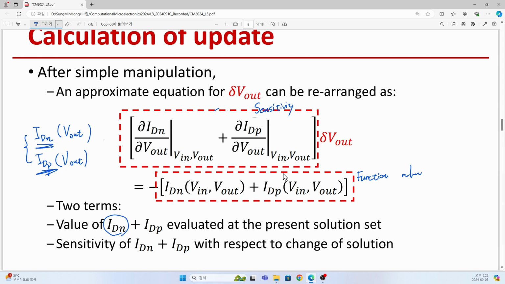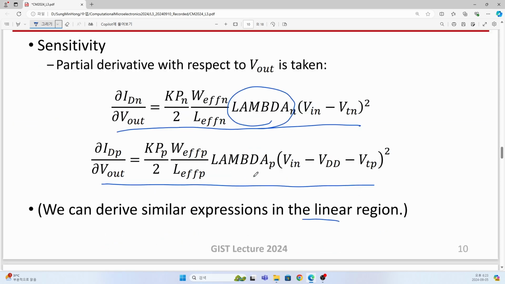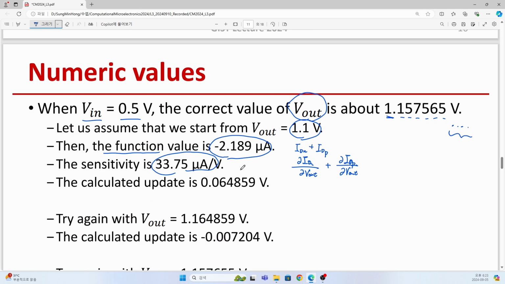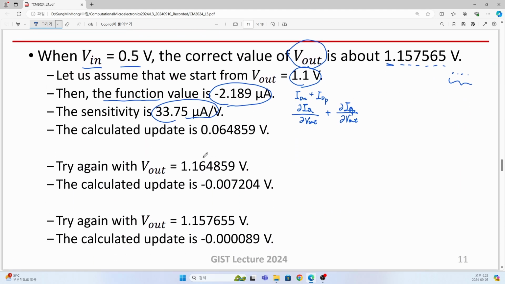This is a number, and this is another number, and by taking just a division operation, we will get the update value. So the calculated update is just 0.06 something.